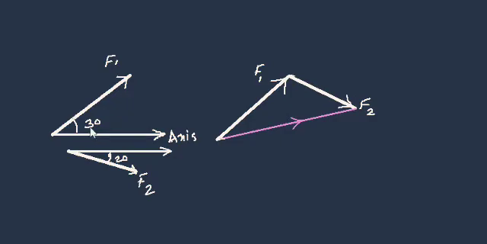Again, you need to maintain the angles or the directions of the vectors. So draw your first vector and then the second one, keeping the angles same, and then join the tail to the head, and that will give you the resultant.